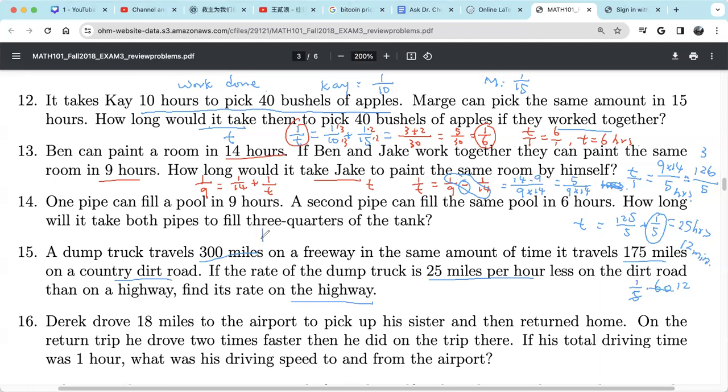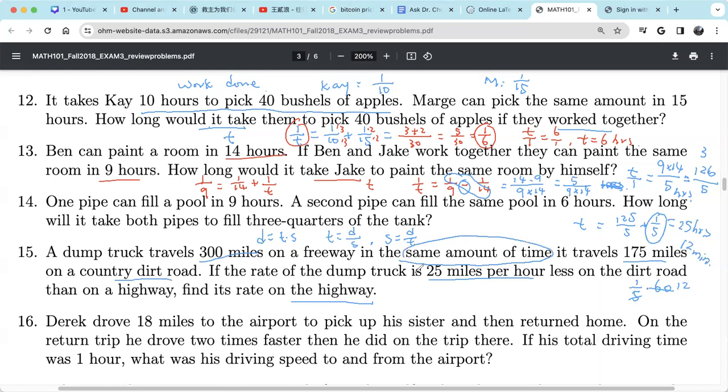Okay, this is the distance equals time multiplied by speed formula, right? So this formula can be written as time equals distance divided by speed. Or sometimes we need to write speed equals distance divided by time. Because this gives us a hint to form an equation: same amount of time.